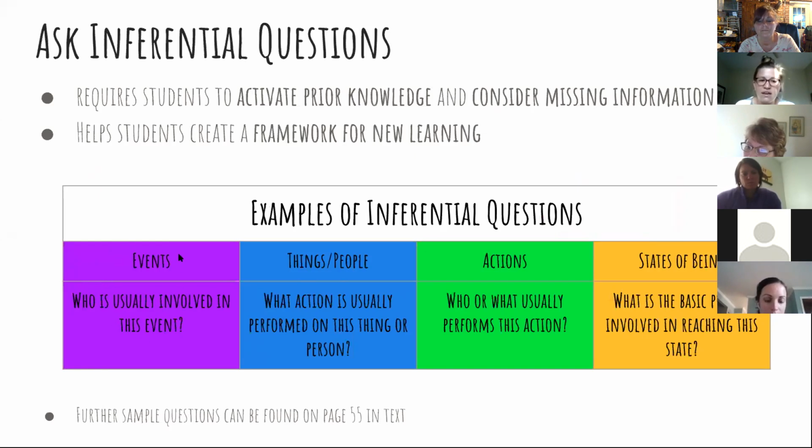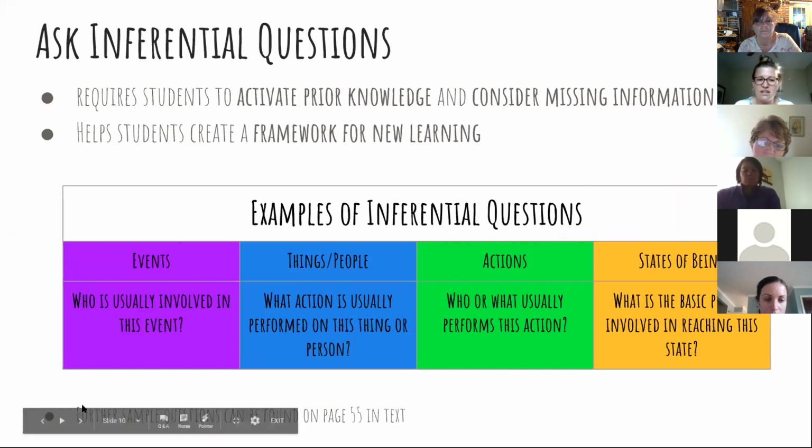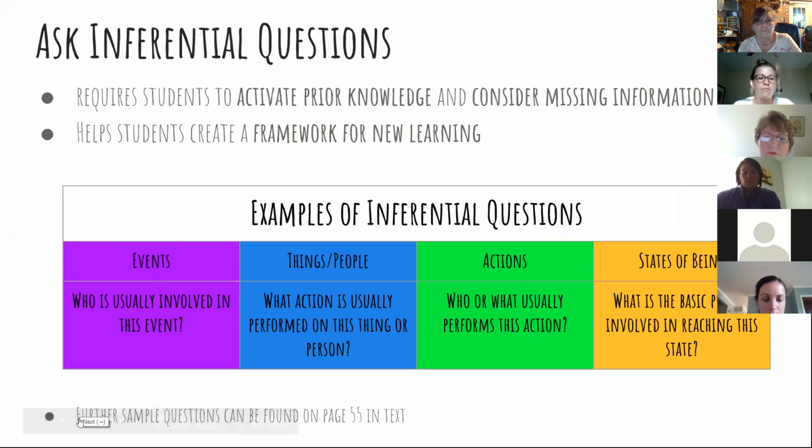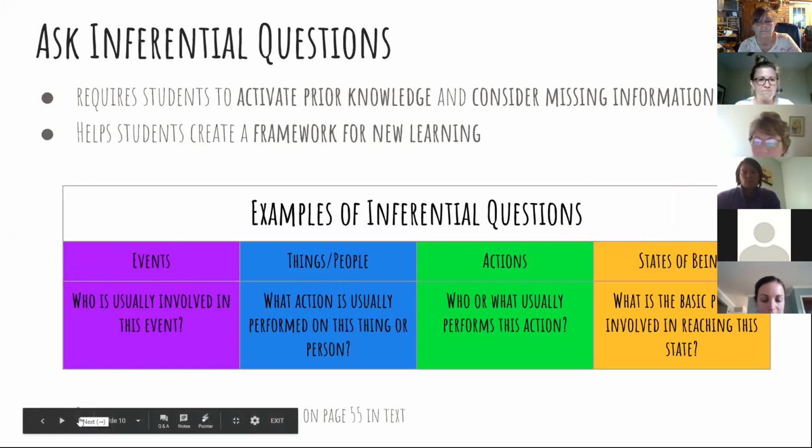But an example they gave was if you were teaching a history lesson focused on some sort of event, you could ask students to consider who might usually be involved in that type of event, and then they're having to activate their prior knowledge about that concept. They're having to fill in the gaps with any information that is missing, and they're starting to move in the direction of what that lesson might be about.